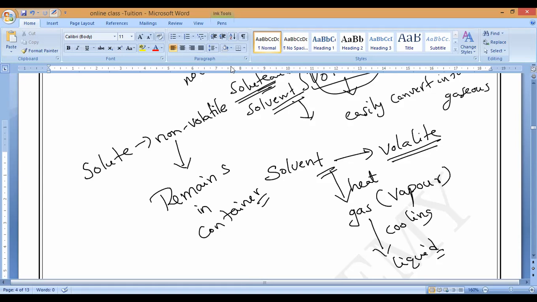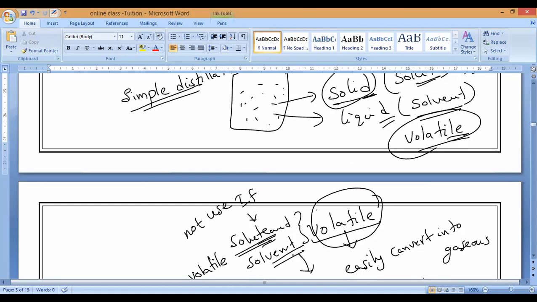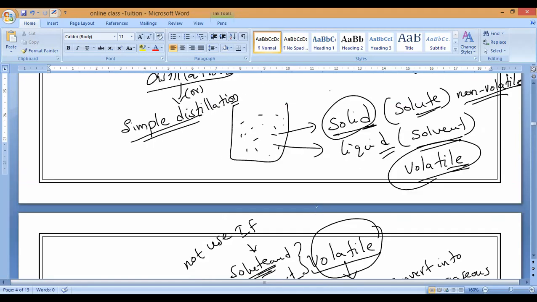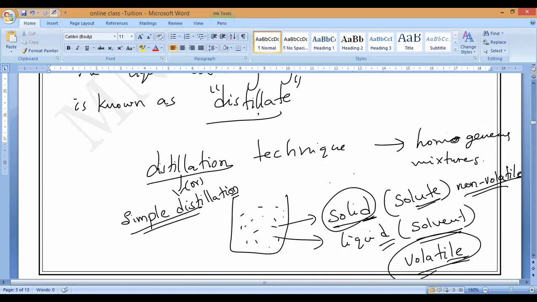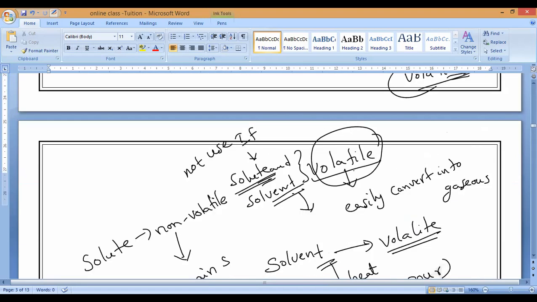So simple distillation we can use only when the solute is non-volatile and the solvent is a volatile substance. If you use it for both volatile substances, again both will evaporate, again both will condense, so it is not possible to separate them.